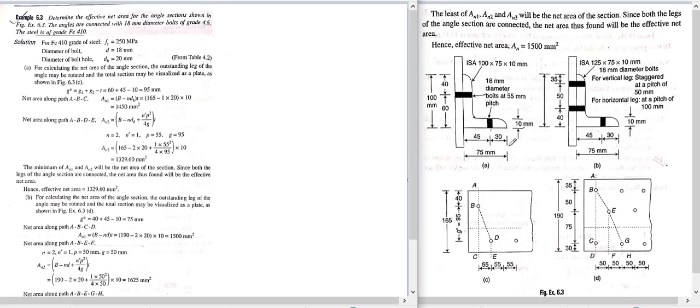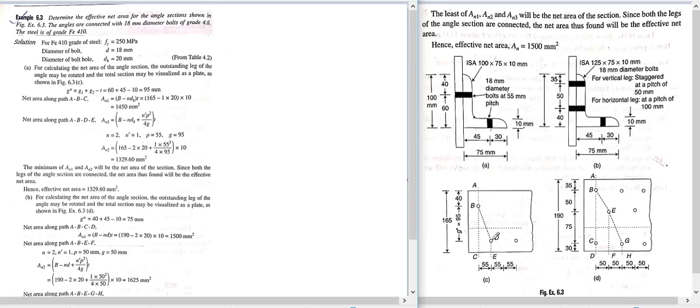So if you rotate this leg, okay, so it will be a plate. Okay, so if you rotate this leg, this outstanding leg, or not actually outstanding leg because it's connected by bolts, so if you rotate this leg, it will be a plate. Okay, so it is the first bolt, and with this bolt on this leg the bolts will be at a spacing of 55 millimeter.